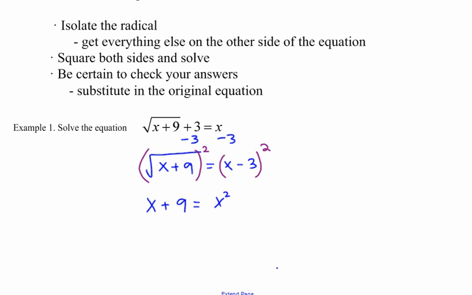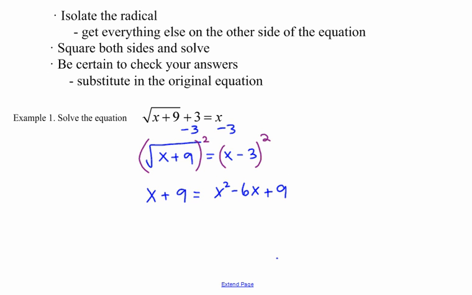The middle term, we just multiply these together and double it, so minus 6x. And then the last, negative 3 times negative 3, squared, plus 9. Because you get a negative 3x and a negative 3x, you double it, gives you negative 6x.